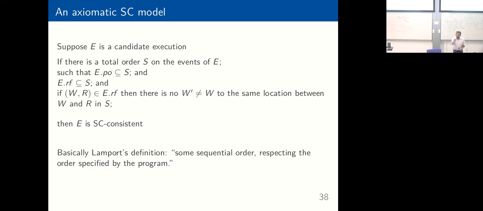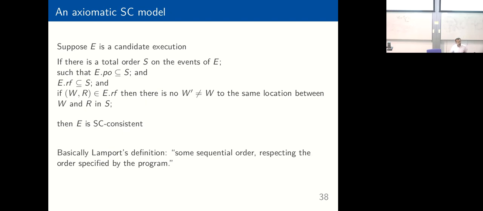But I saw the question there. Yes. Say W is related by this RF relation to R. If there are two events W and R which are related by RF, so there's a single read. Yeah. Okay. Yes.